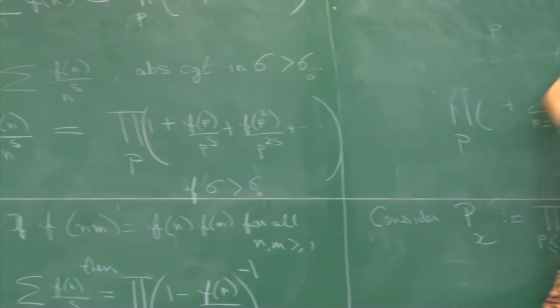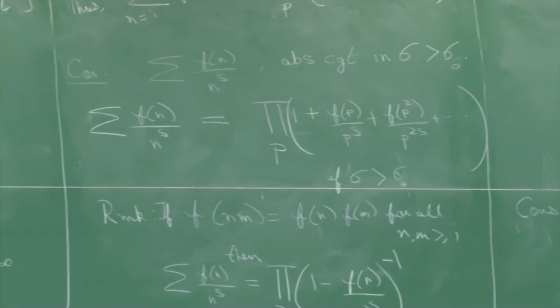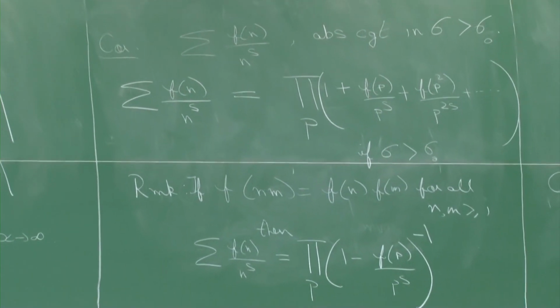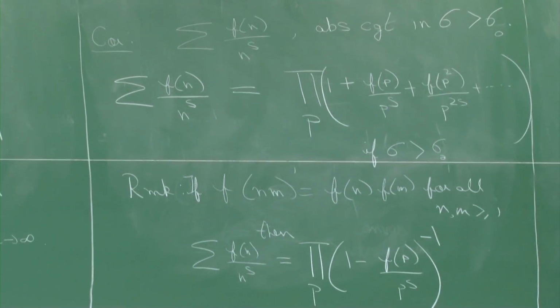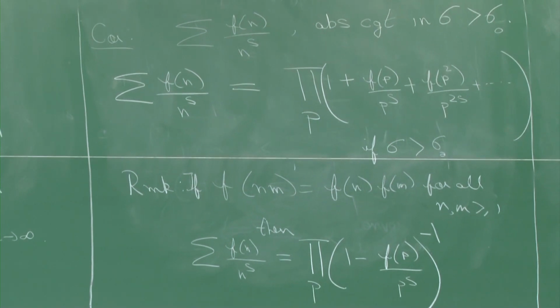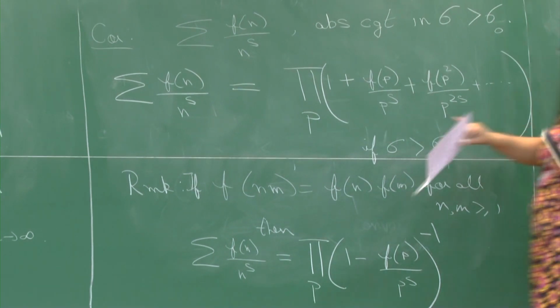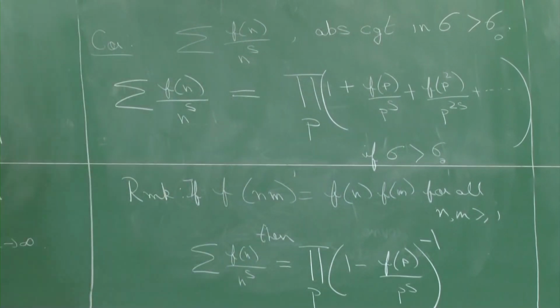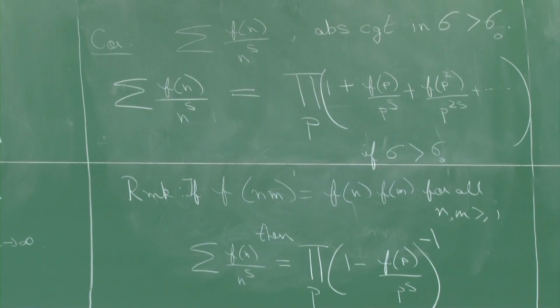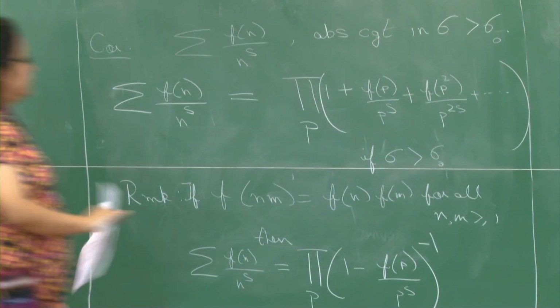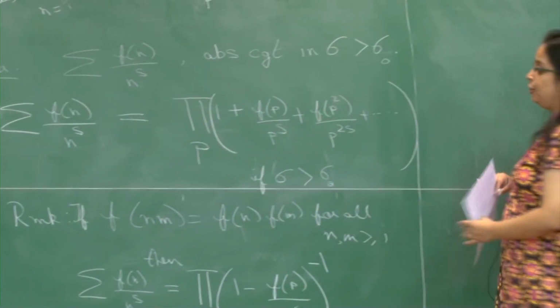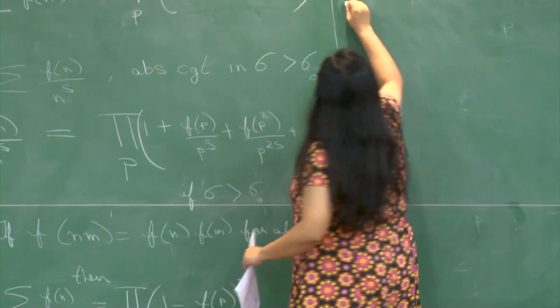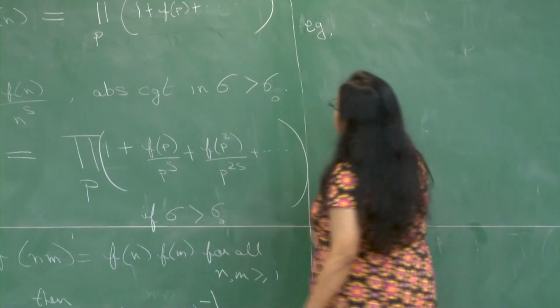So, now that we have studied these sums and products rigorously, not yet as complex analytic functions, but as absolutely convergent products and series, that itself tells us a lot. So, now let us go to examples.